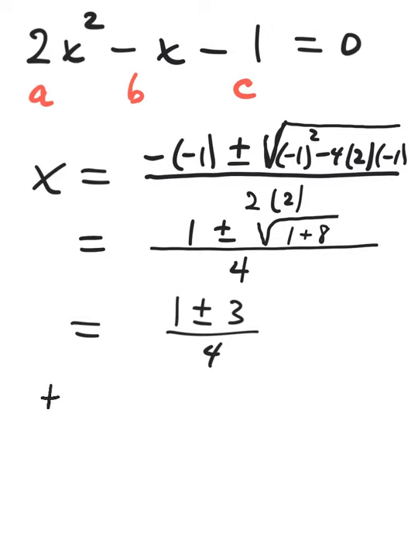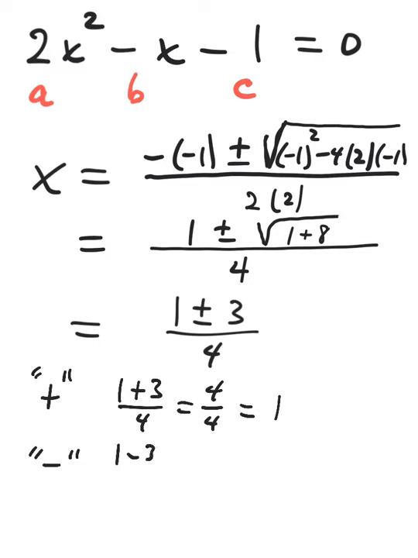If I use the plus sign, 1 plus 3 over 4 gives us 1. And if I use the minus sign, 1 minus 3 over 4, that's negative half.